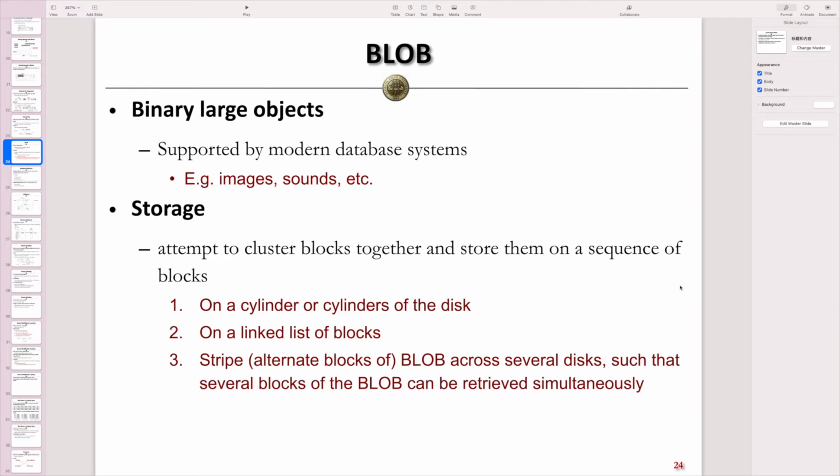If we have a large object, we can divide it into several blocks and store all the blocks together on one single cylinder or on continuous cylinders, which is very easy for the disk to read at one time, because we just move the arm to a position and rotate the plates. Then we should be able to read all the blocks on the same cylinder out very easily.